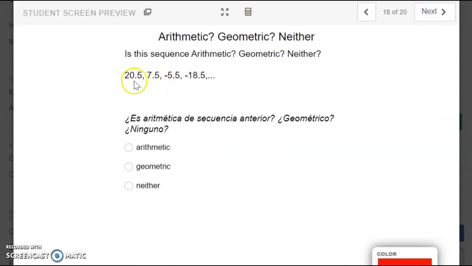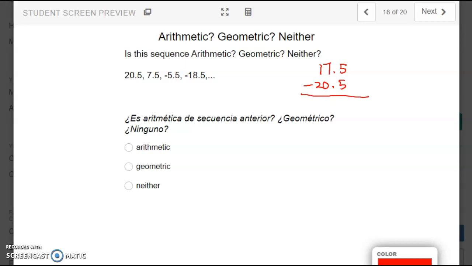Arithmetic or geometric: 20.5, 7.5, negative 5.5, negative 18.5. Okay, so we need to check by subtracting 7.5 minus 20.5 to see if it's arithmetic.